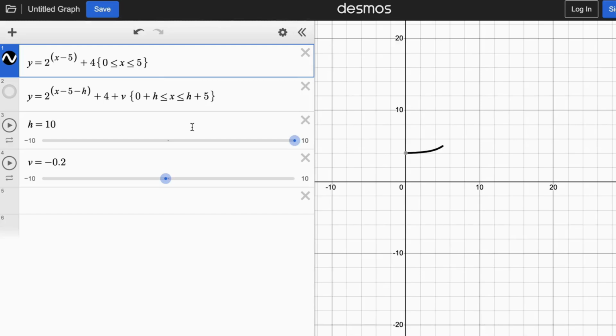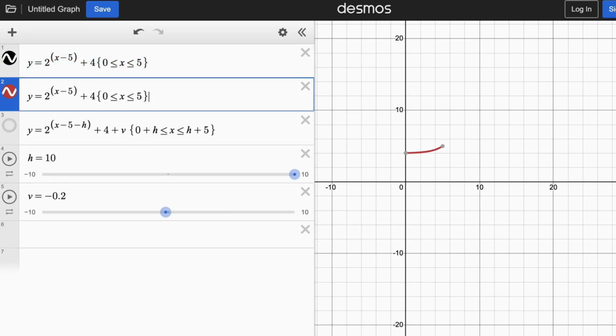Over here, what we can do straight away is I'm just going to copy this and paste this. So now we've got our new one that we're going to modify. Since we want to move it horizontally and vertically, I'm going to use the variables h and v. Ignore this line because there's the answer, but let's see how we can get to it.